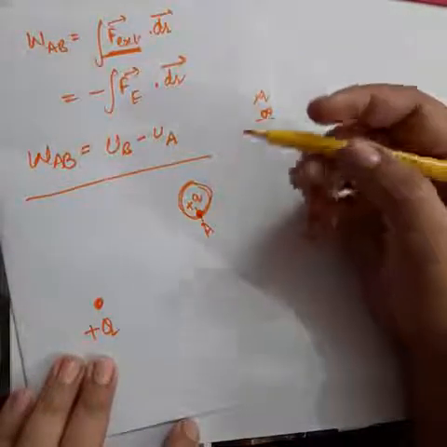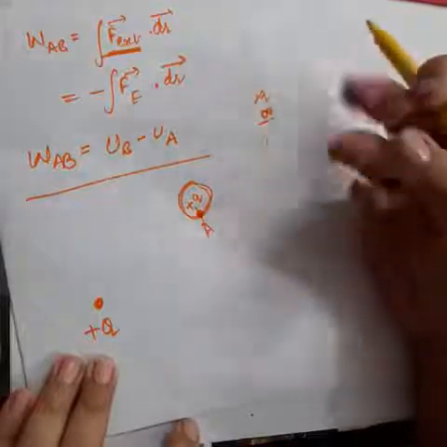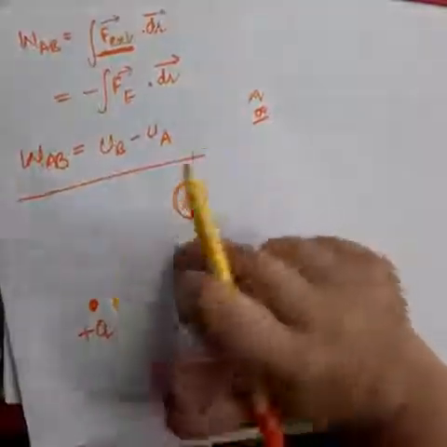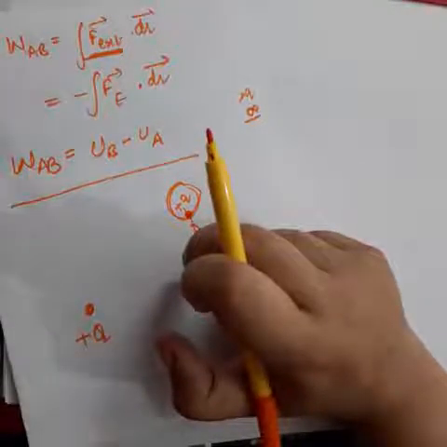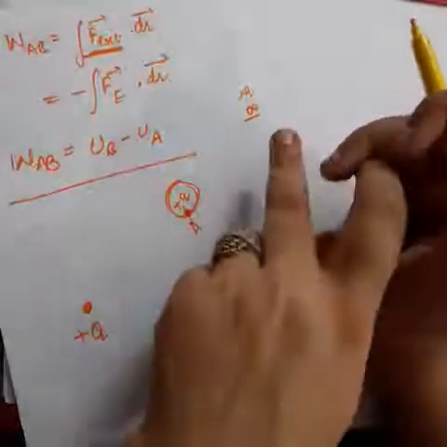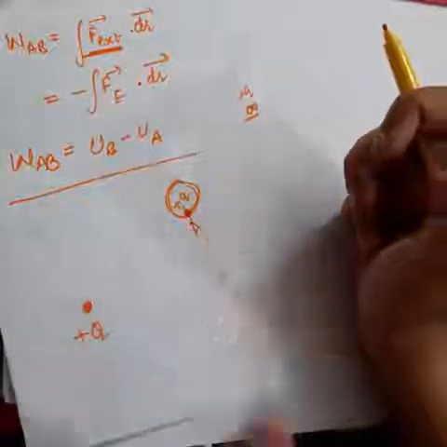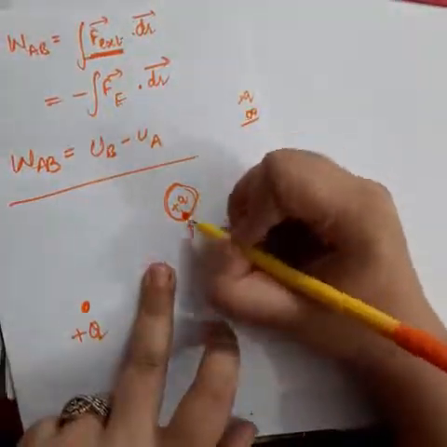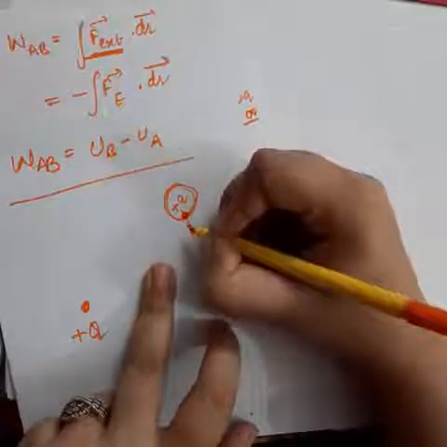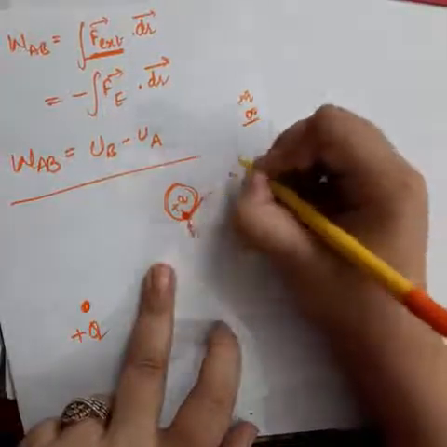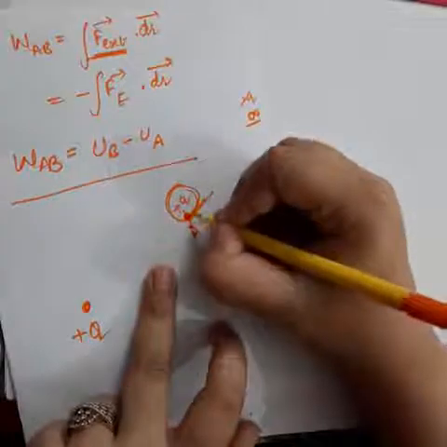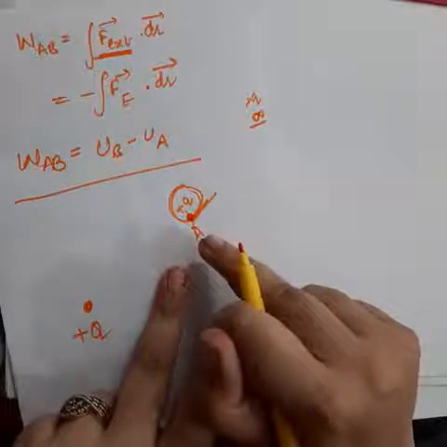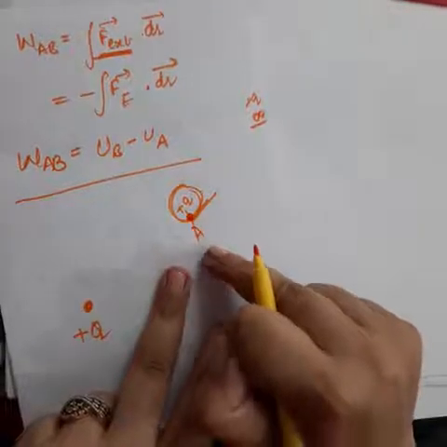All right, so whatever force you are applying is actually counterbalancing the repulsive force, isn't it? And suppose you are bringing that charge from the no electric field zone and keeping it here. So some amount of work that you have done to bring it here will be stored in the form of potential energy, and that is the potential energy of point A.